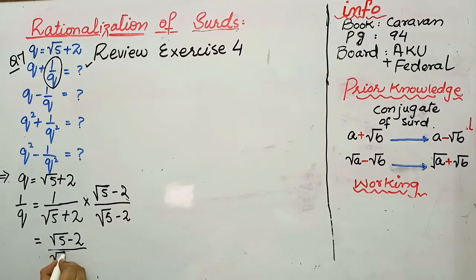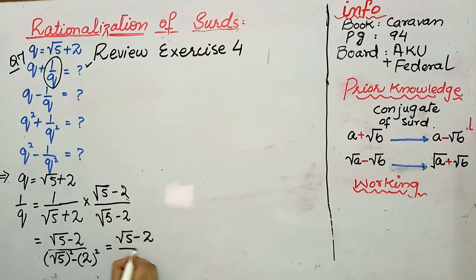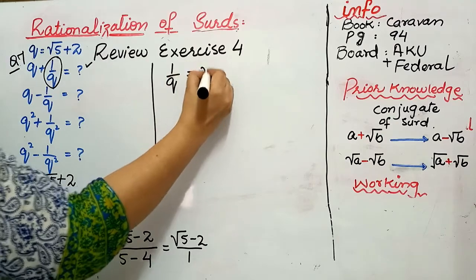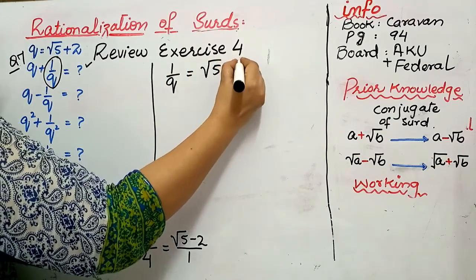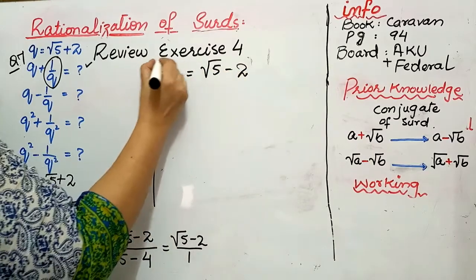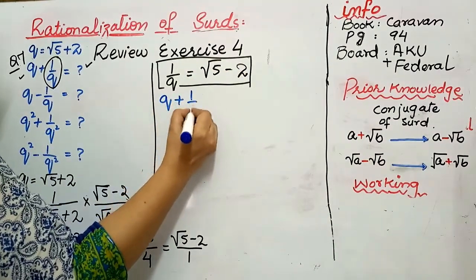It will be under root 5 whole square minus 2 square. That is under root 5 minus 2 by 5 minus 4. 1 upon Q will be under root 5 minus 2.